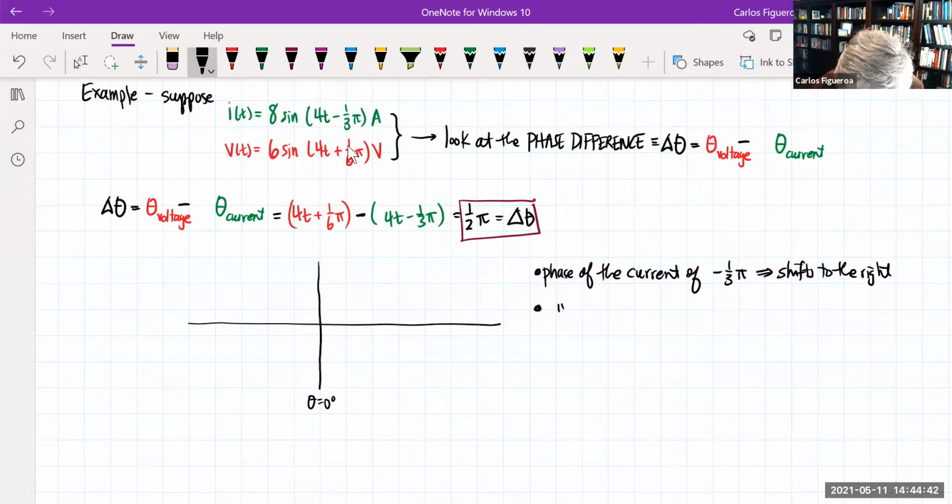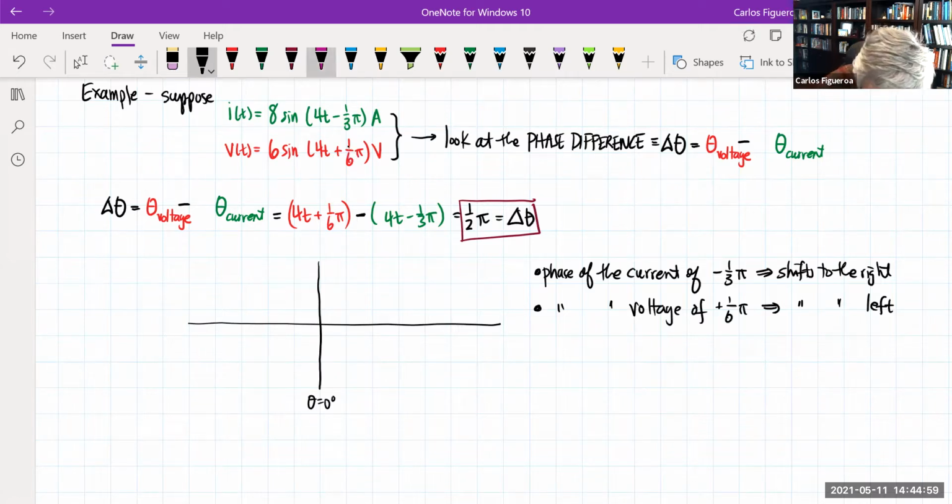Whereas the phase of the voltage of plus 1/6 pi gets shifted to the left. So when I look at the peak of the wave, the green is peaking after the 0 mark.